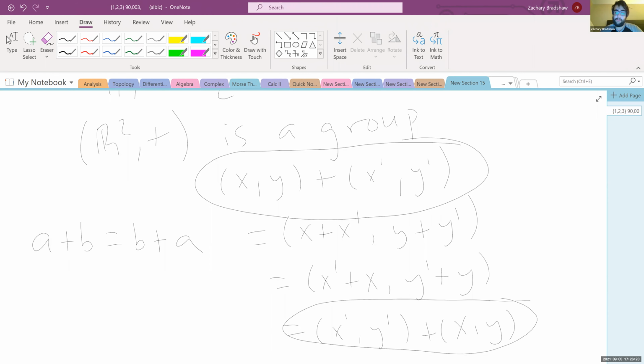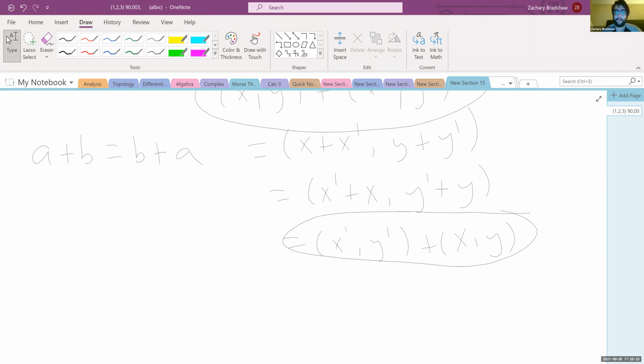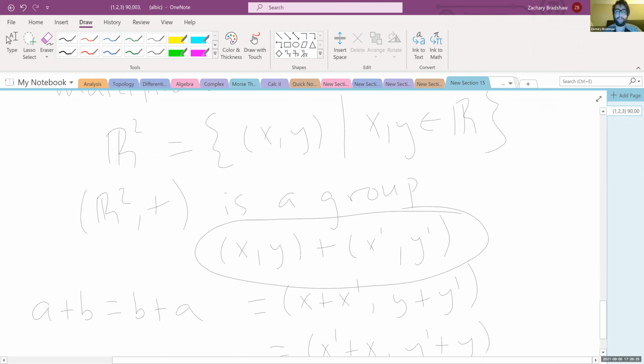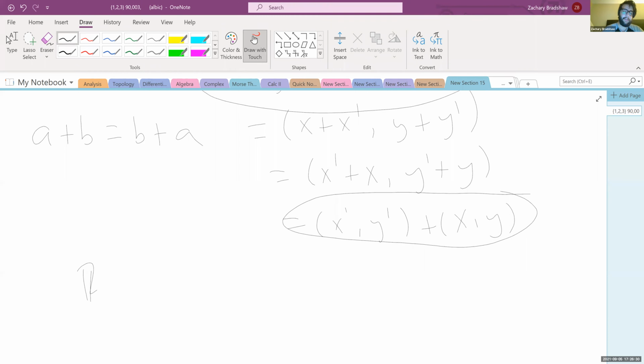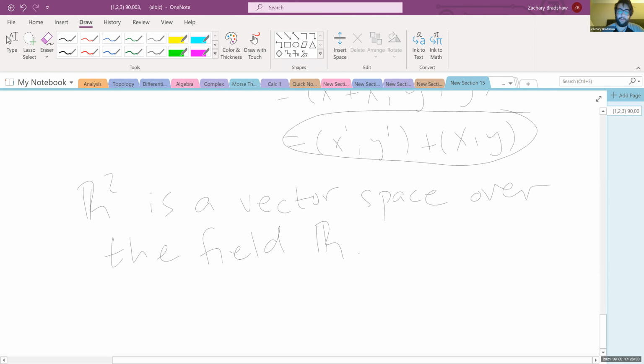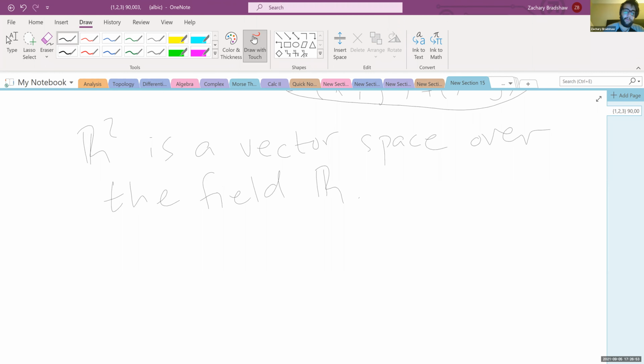Okay. So what's a scalar multiplication? Well, we need a second thing. We need a field, right? So R2 is a vector space over a field. I should say the field R. What this means is R2 is an abelian group, and we also have a scalar multiplication.